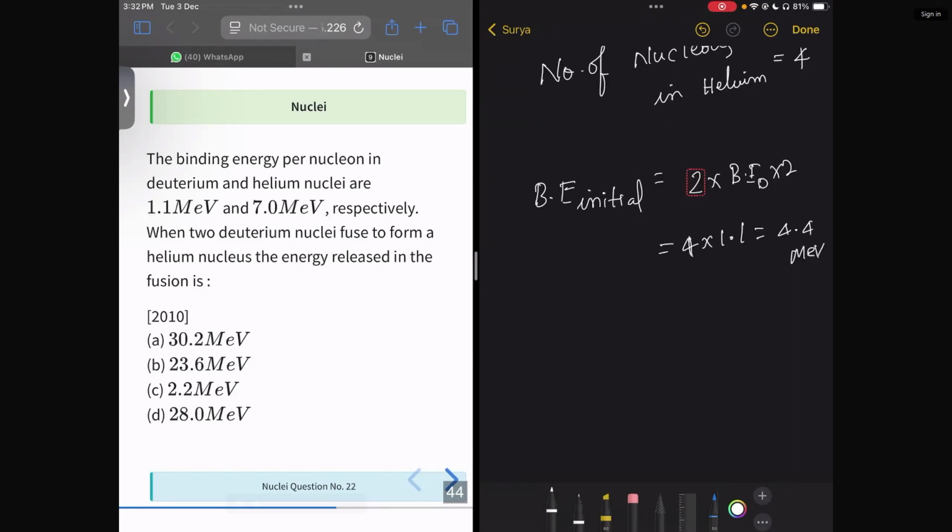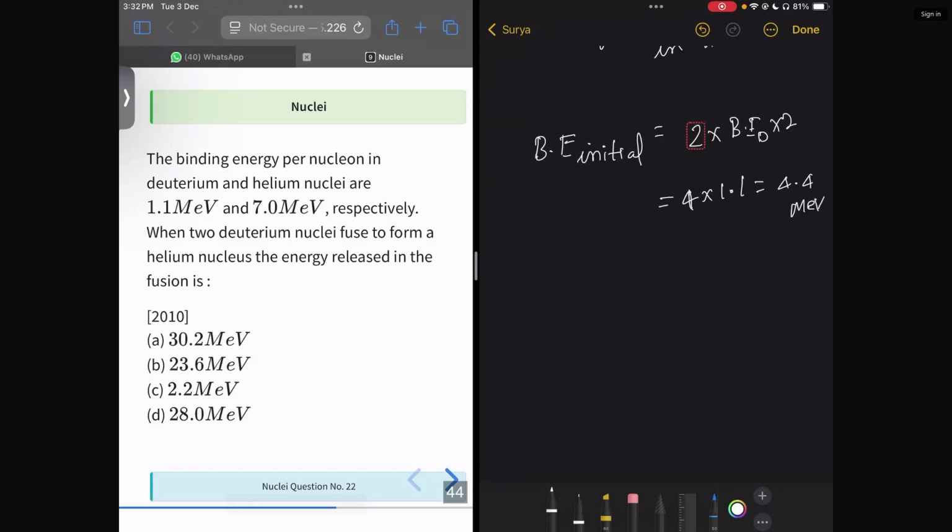This is the total initial binding energy of 2 deuterium nuclei. So the total binding energy final will be 4 into the energy of helium. So it will be 7 into 4. It will be 28 million electron volt.